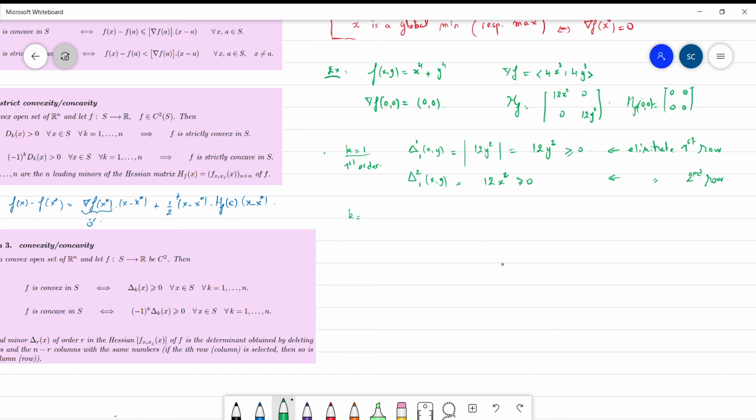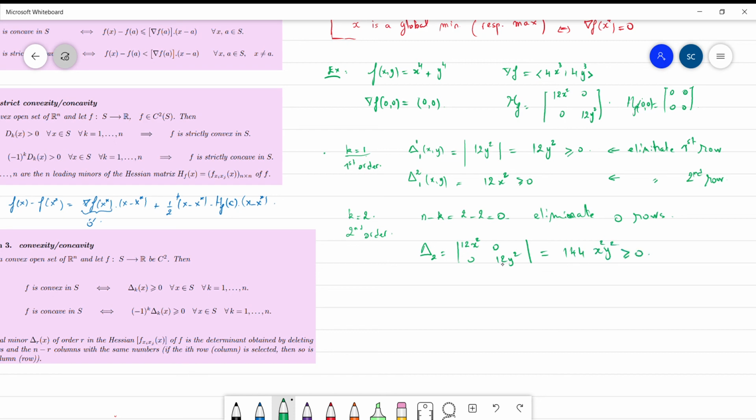Now k equal 2, this is second order. It is obtained by eliminating n minus k, which is 2 minus 2 equals 0 rows. We don't eliminate anything, so we consider the whole determinant, 12x^2, 0, 0, 12y^2, which is 144x^2y^2, which is positive.